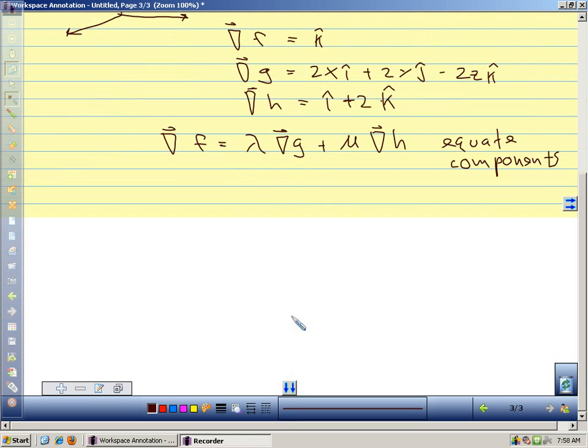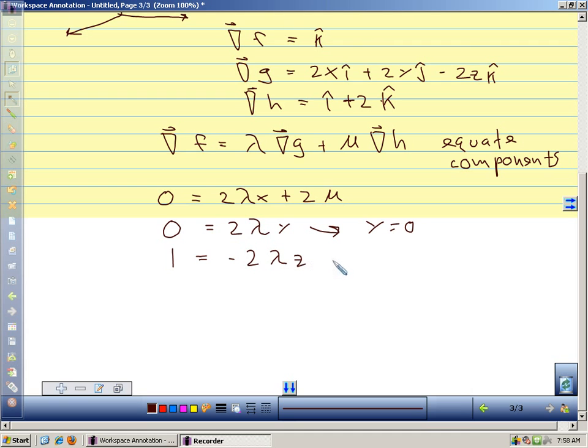When I equate components, I get 0 equals 2 lambda x plus 2 mu. I get 0 equals 2 lambda y, so this tells us right away that y equals 0. And I get 1 equals minus 2 lambda z plus 2 mu.